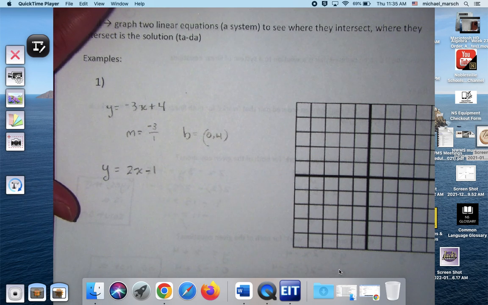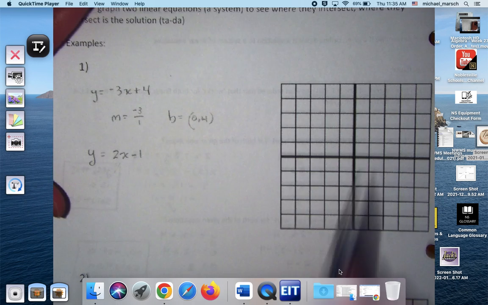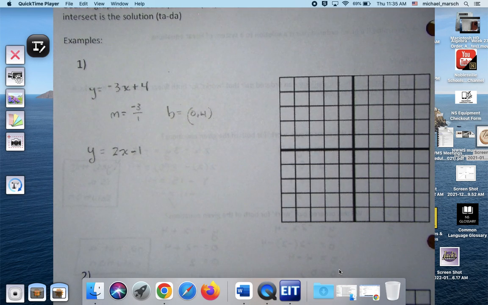So once I have those two pieces of information, how can I graph that line? Who remembers? Anybody grab a ruler like it said on the board?